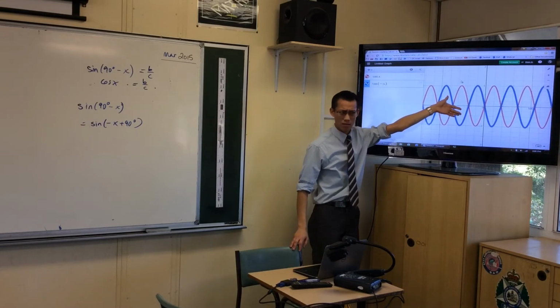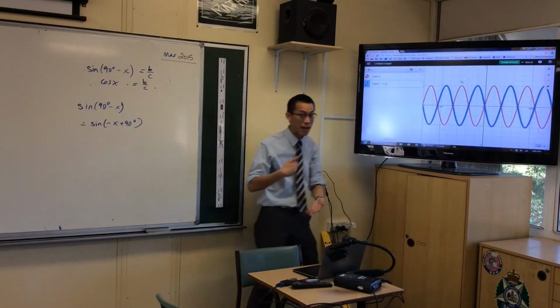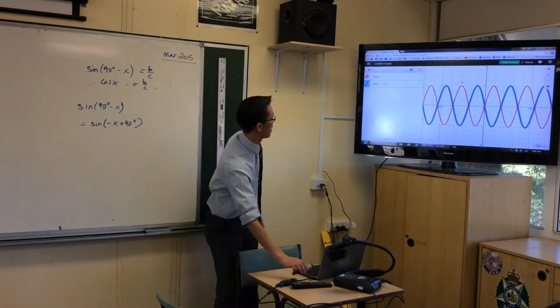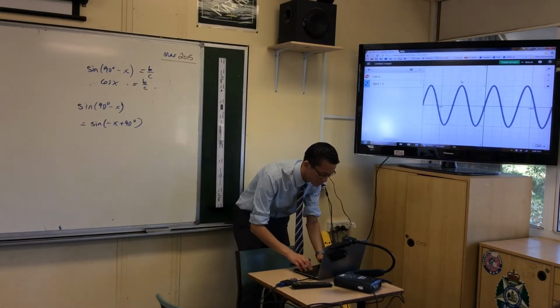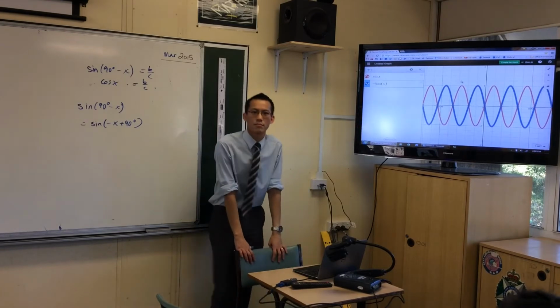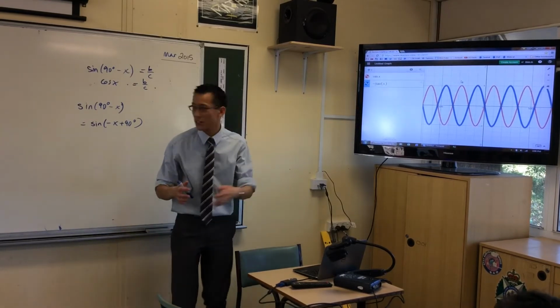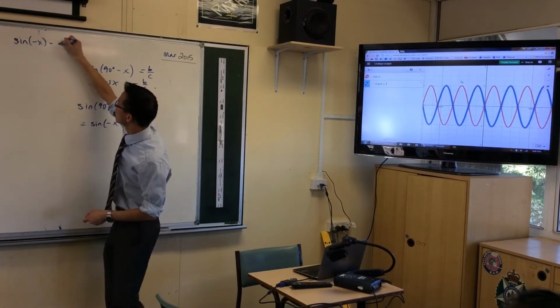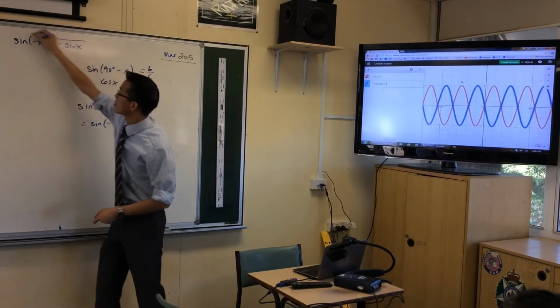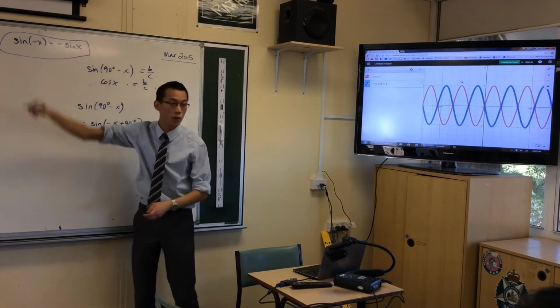Okay, can you see that? The blue graph is the red graph upside down, and I can take advantage of that. I know that this is equal to minus sine x. Do you remember when we were talking about odd and even functions? And we said this? Sine of minus x equals minus sine of x. That's what defines an odd function.